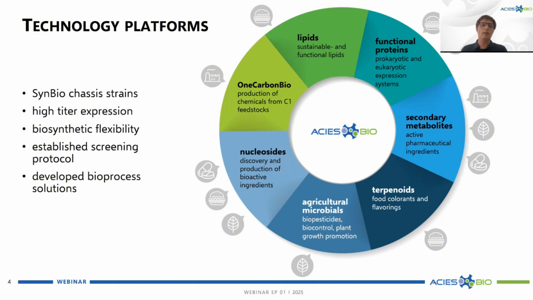Those are the strains, genetic tools, screening protocols, and bioprocess solutions for production of diverse sets of biological molecules such as lipids, functional proteins, terpenes, secondary metabolites, and many more. And those can be used to speed up especially first proof of concept and first parts of the development of the technology, to basically de-risk the technology early in the start of the development.